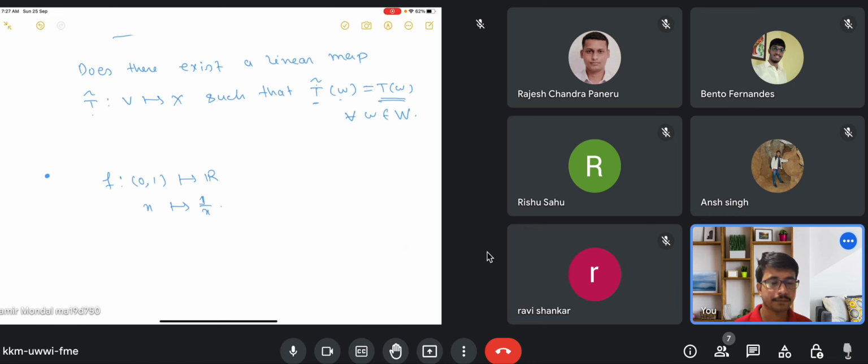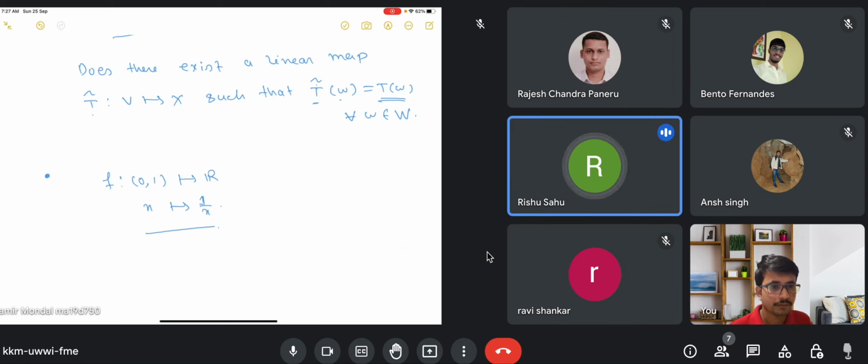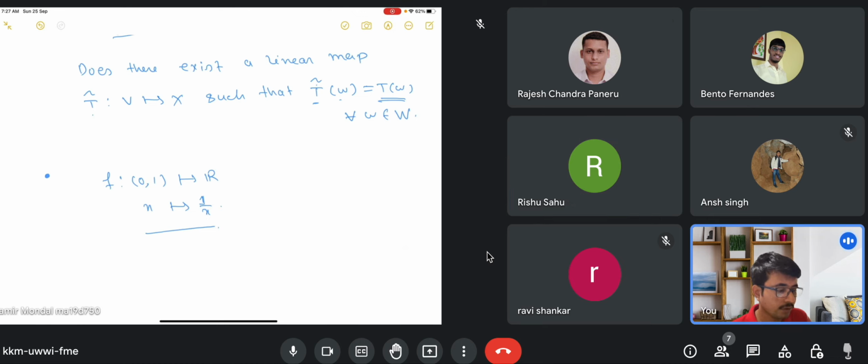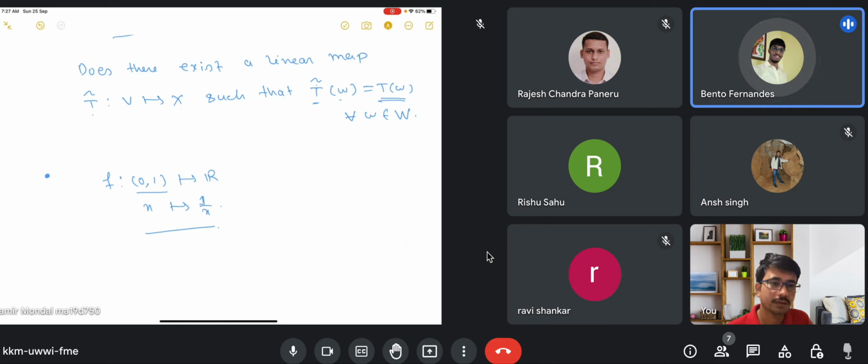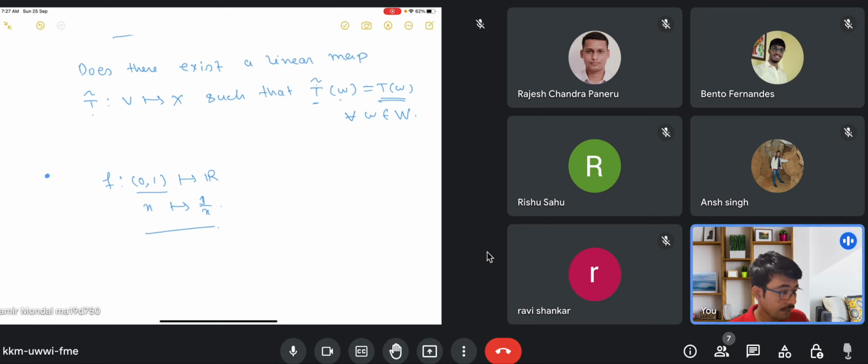Please tell me, is this well defined or not? Yes, sir. 0 is not included in the interval. Yeah, 0 is not included. So yes, it is well defined. So this is well defined on (0,1).